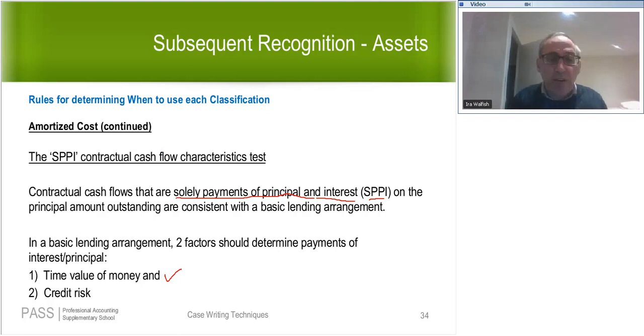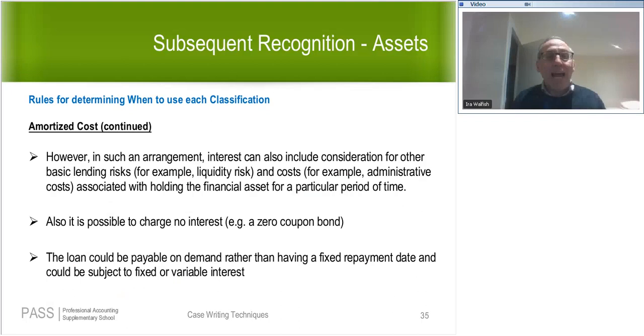And also the interest will typically reflect the credit risk. The higher the risk of default, the higher the interest rate. As long as the payments I'm receiving on my bond reflect simply the time value of money and credit risk, I've met this condition. Now, obviously, the interest can also include consideration for other basic lending risks like liquidity risk.